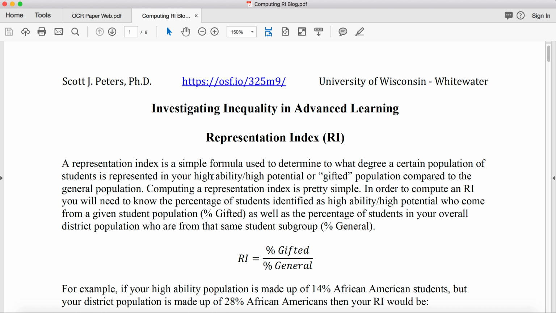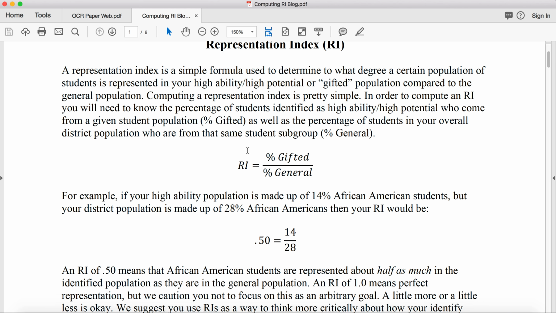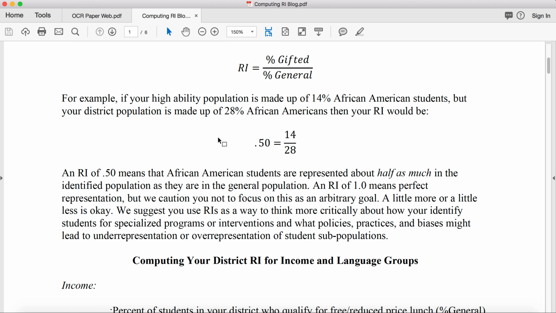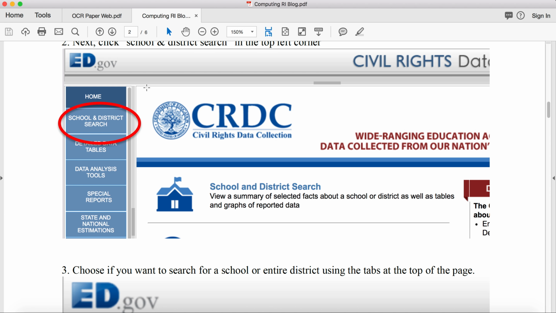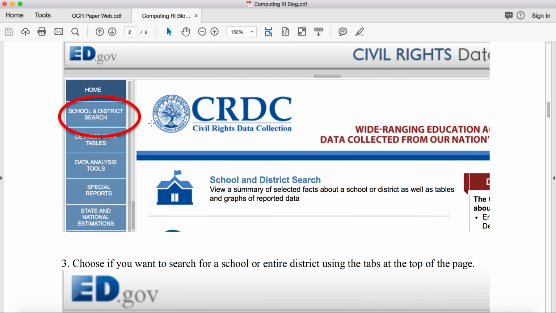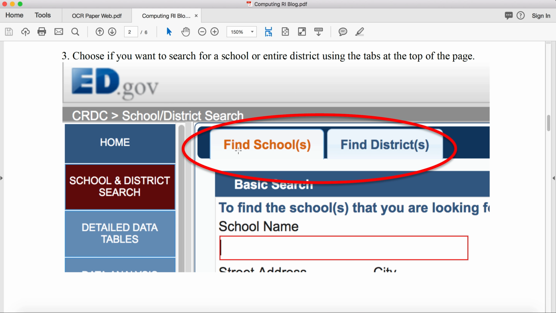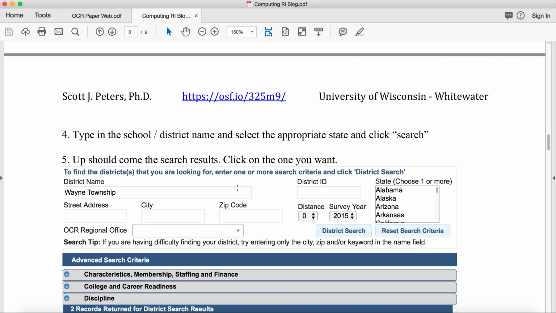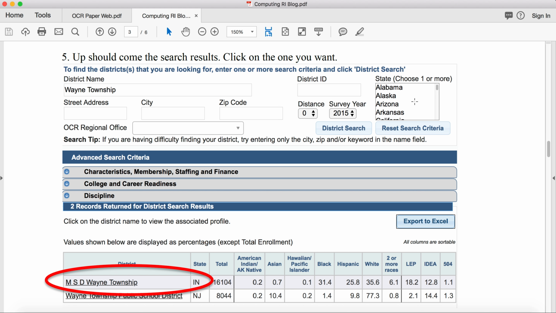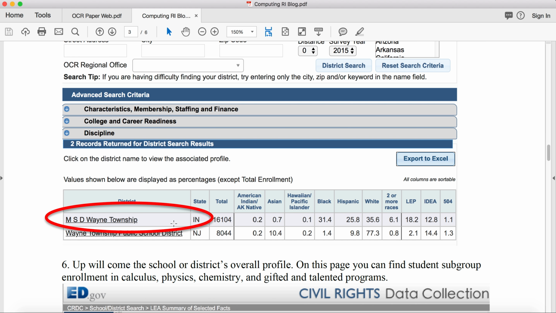So again, going back to the handout, representation index 1.0 is proportionality if you want to look at some metrics. Go to the OCR data site, school district search, and you can choose then a school or a district if you want to look at your building or the entire district. Type in who you want, select the state. You can look at the year as well if you want to go back and look at past years. Click on the particular district you want.